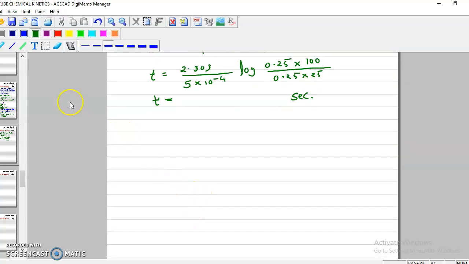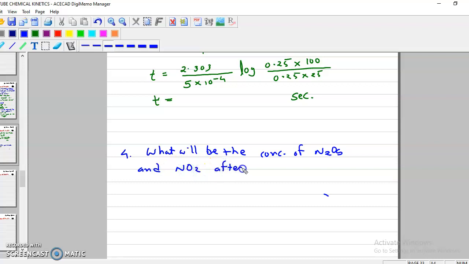Next question for the same numerical is, what will be the concentration of N2O5 and NO2 after 30 minutes from the start of the reaction, or from the beginning of the reaction.